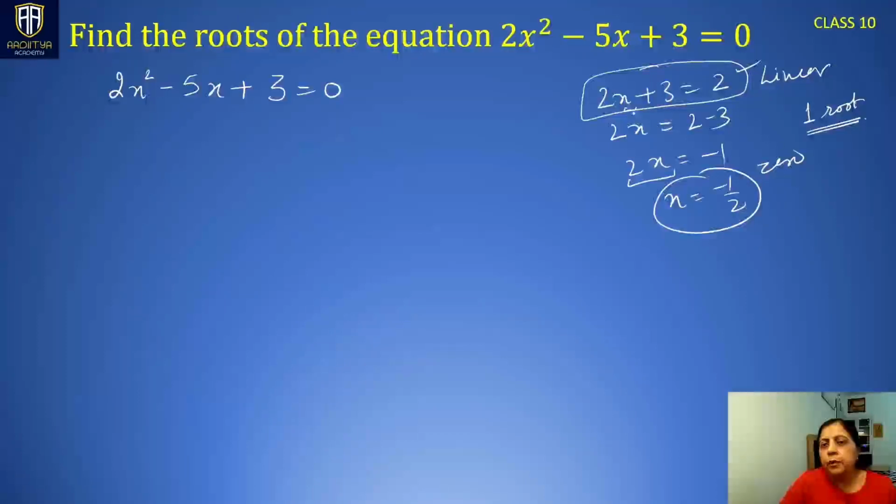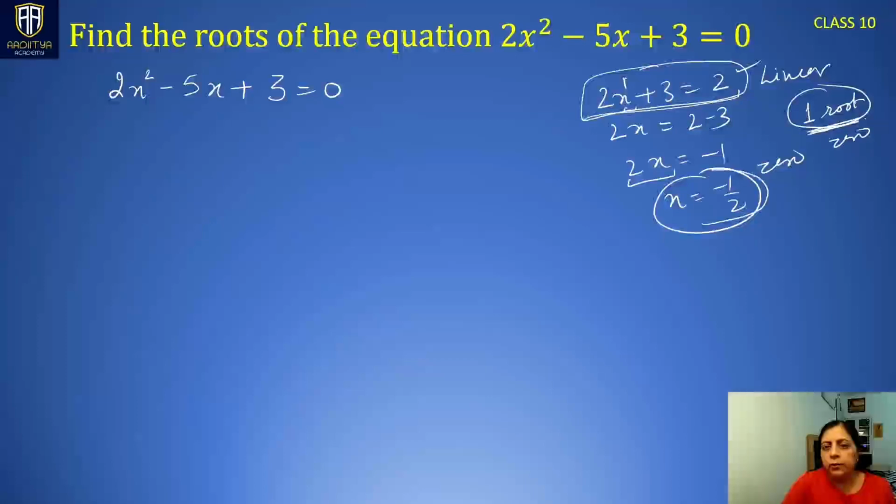Here this is a very important point: any equation has as many zeros as is the degree of that equation. So in case of a linear equation, the number of zeros is only 1. Since the degree of this equation is 1, it will have only one root or one zero.